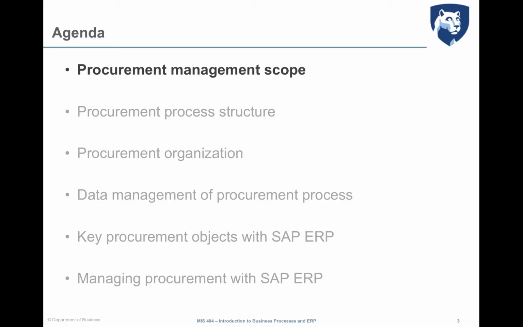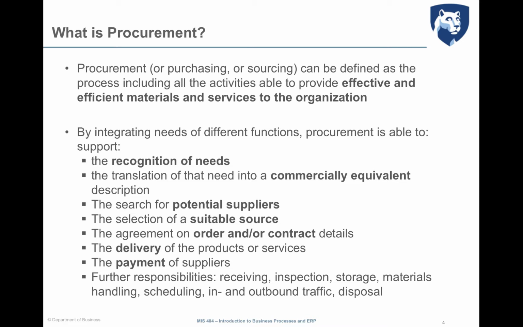Let's start with what procurement is about, and what the scope of procurement in companies is. First of all, the definition. I will use the term procurement, but similar terms are purchasing, sourcing or supply management.